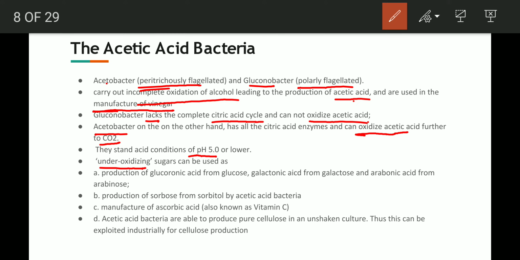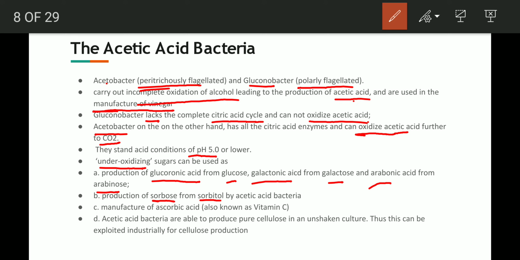So this can be used in production of sugar acids, for example, production of gluconic acid from glucose, galactonic acid from galactose, and arabonic acid from arabinose. Then this can also be used in production of sorbose from sorbitol.